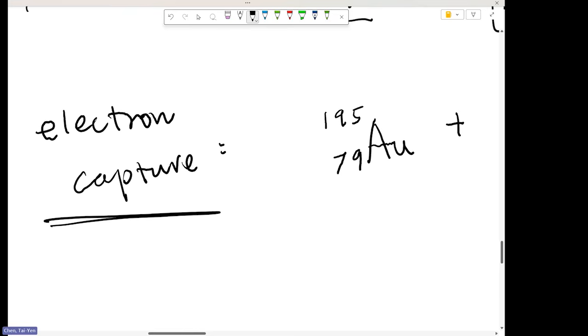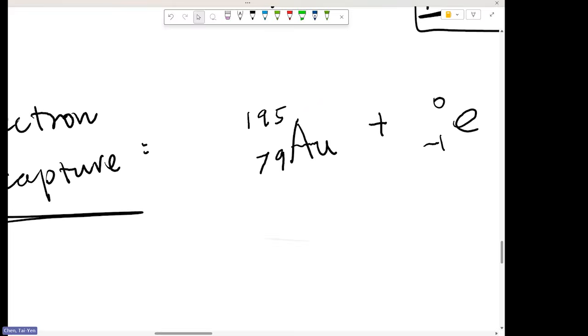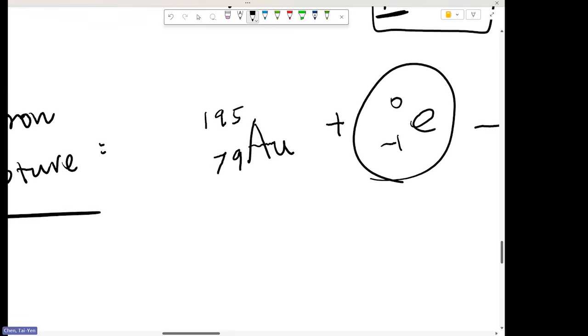Electron capture. Every time you see capture, it means it got absorbed by a certain atom. So if I say an atom undergoes an electron capture, that means the atom is going to attain 1 electron. In this case, the gold atom undergoes an electron capture.